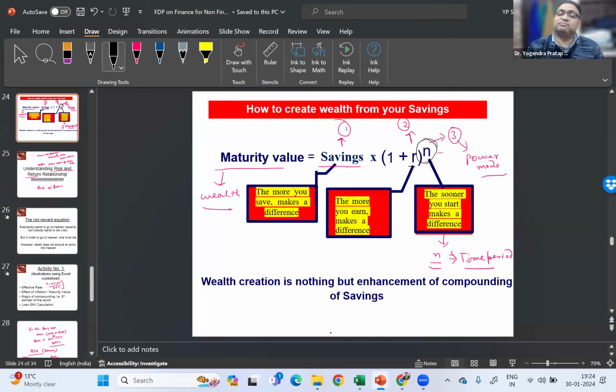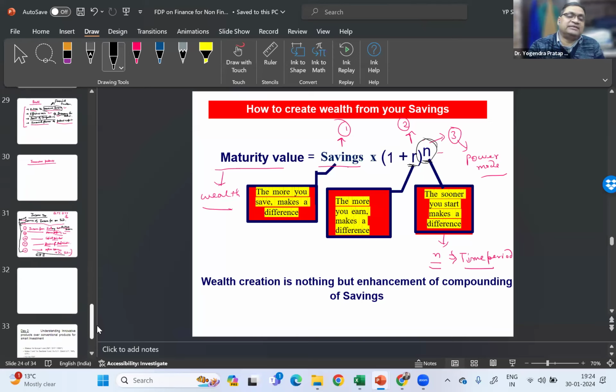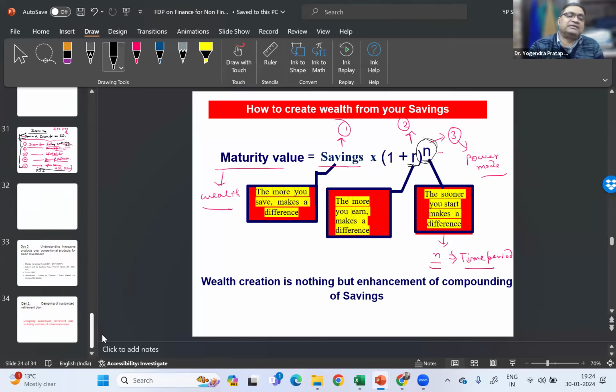Through smart investing, you can increase the value of R. But n is very much important. If you give more time, obviously you will reap the benefit of the magic of compounding. So we have done all these. I'm just recalling what we have done yesterday.